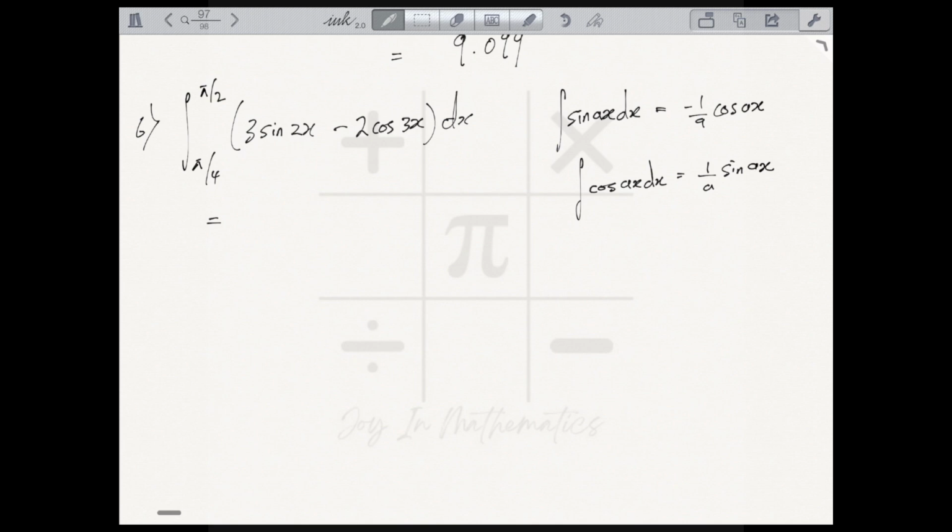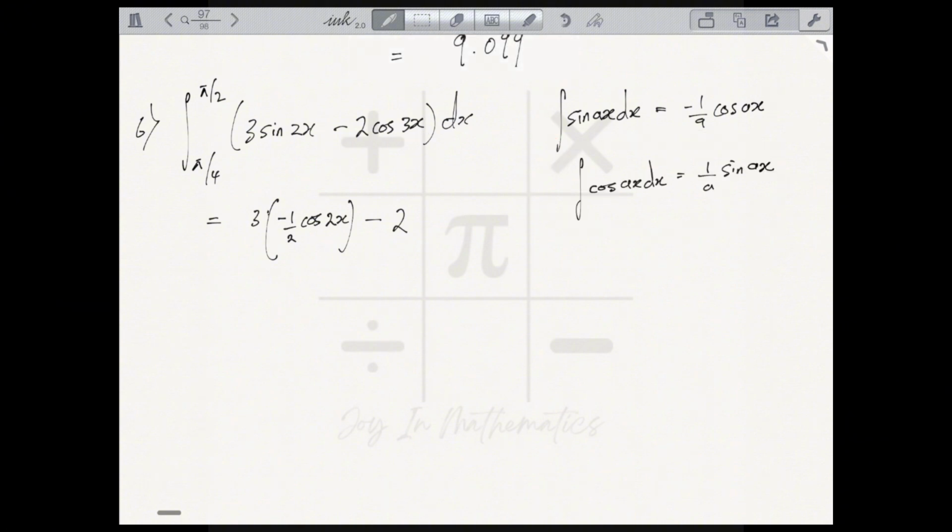Therefore, integrating 3 sine 2x, we'll have 3 as a constant, and our a is 2 in this case. So we are going to apply this. That's 3 into minus 1 over 2 cos 2x minus 2, and integrating cos 3x, we will apply this principle.